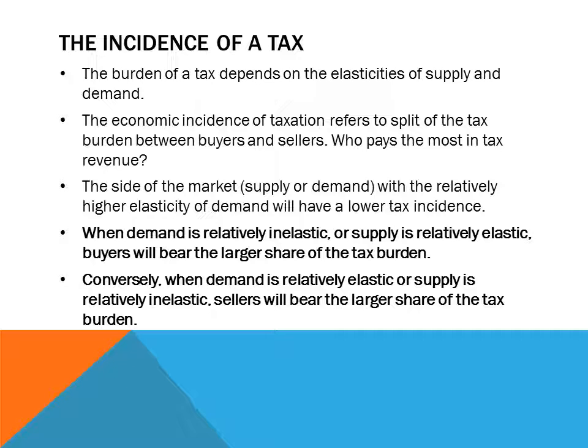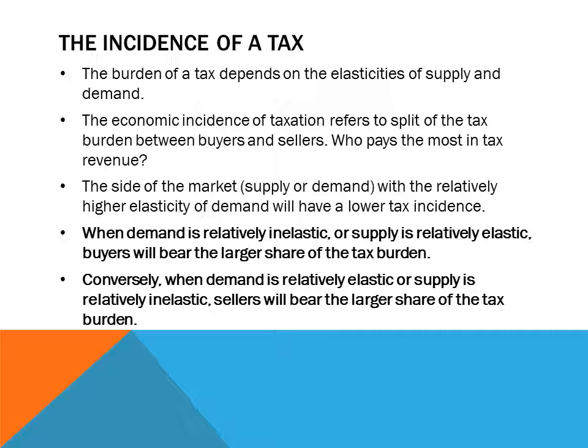So, when demand is relatively inelastic, where the demand curve is more vertical rather than horizontally shaped, or supply is relatively elastic, buyers will bear the larger share of the tax burden. Conversely, when demand is relatively elastic or supply is relatively inelastic, sellers will tend to bear the larger share of the tax burden.